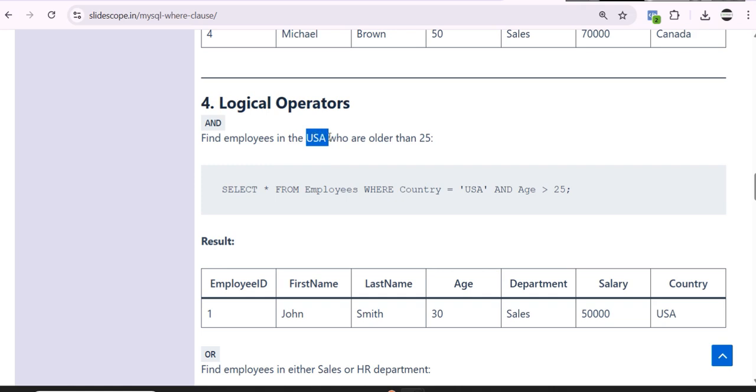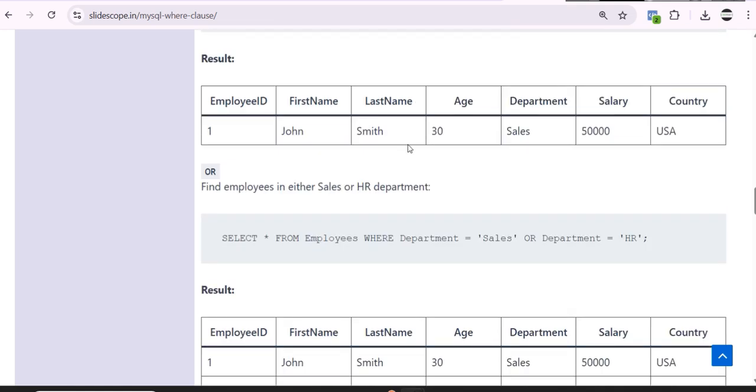USA will come from country, older than 25 will come from age. So select star from employees where country is equal to USA and age is greater than 25. So this and is used mostly when we have two or more columns in question.